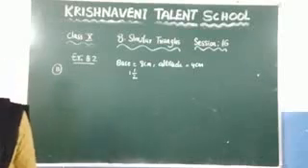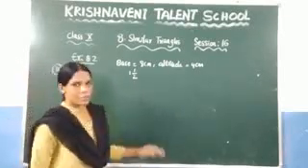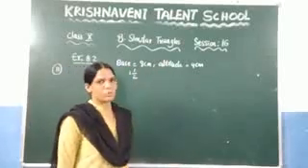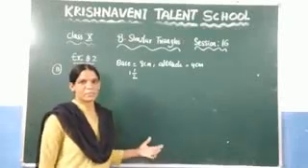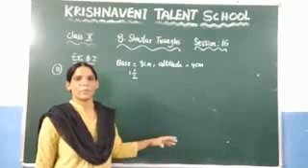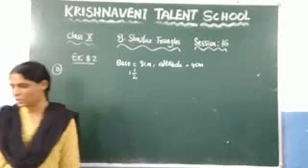Now let us draw first the triangle. How to draw an isosceles triangle? By considering the base as 8 and the altitude as 4. So here first draw the base, which is 8 centimeters. In this question they have specified the base. You need to take the base as 8 centimeters. So let us draw here the base, which is 8 centimeters.